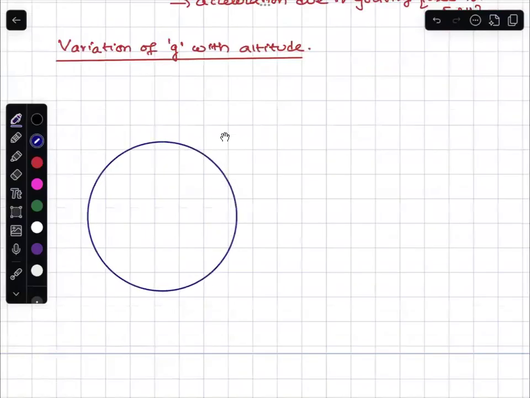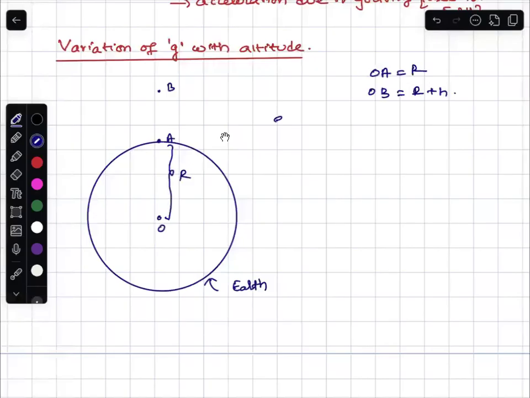I am considering Earth as a sphere. Now you have a point A over here, another point B over here. And this distance is R. So clearly OA is R, OB is R plus H.